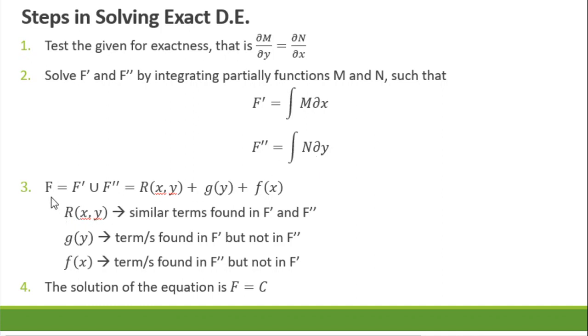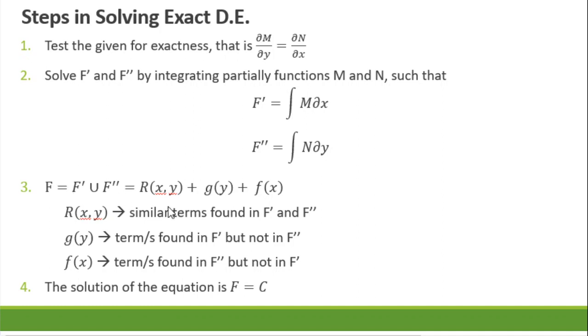So step 3. This will be the overall equation for your solution. F is the union of f' and f''. So why do I say union? Because there are times where part of the answer of your f' is the same as your f'', so they have the same terms, and it must be written as part of your solution only once.